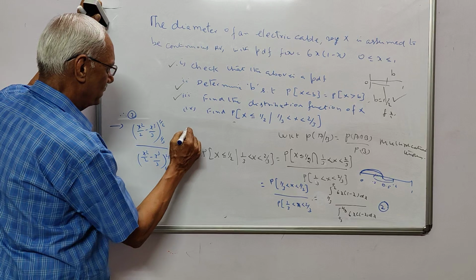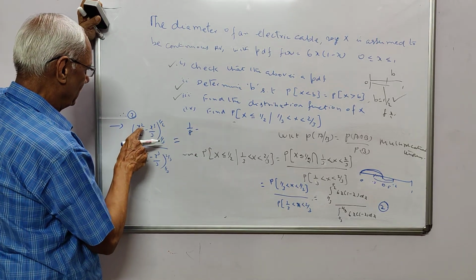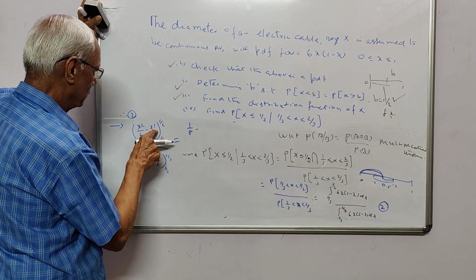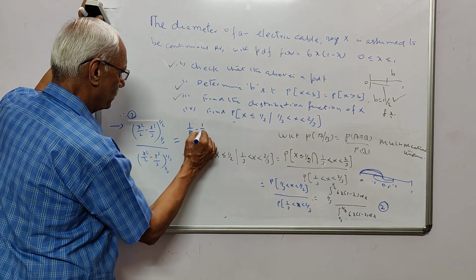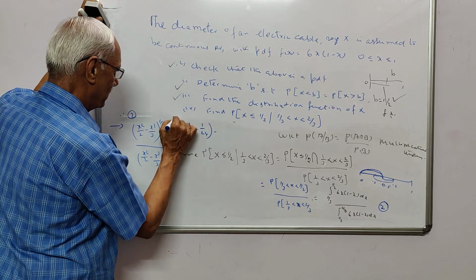It is 1 by 4 means 1 by 8, minus 1 by 24. This is your numerator.